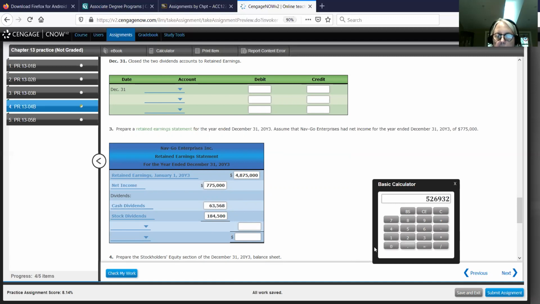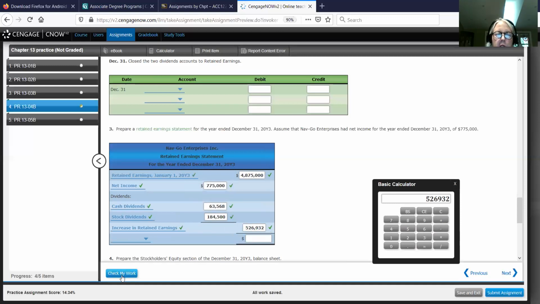And that will leave us with an increase in our retained earnings because the net income was more than the dividends that we paid out. We would have had an increase in our retained earnings for the amount of $526,932. It might be a good idea to check your math here, and you can see that we're okay so far.